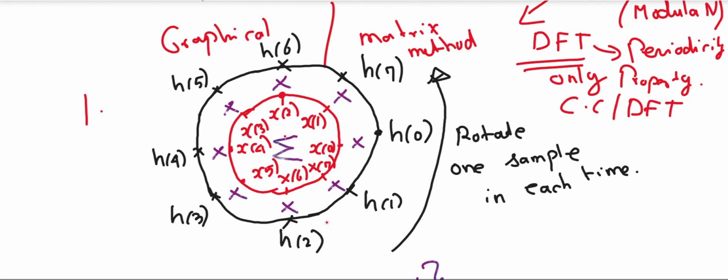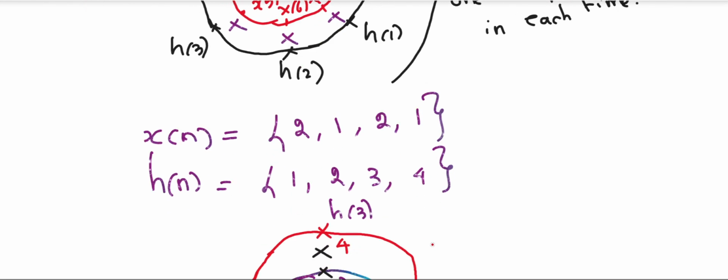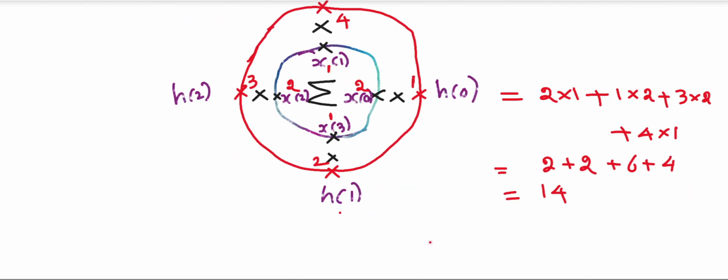To compute the convolution sequence, each time you have to rotate one sample at a time in the anti-clockwise direction, multiply the values sitting on the same angular position, and finally sum the products. So, multiply with the same angular position and finally sum the products.